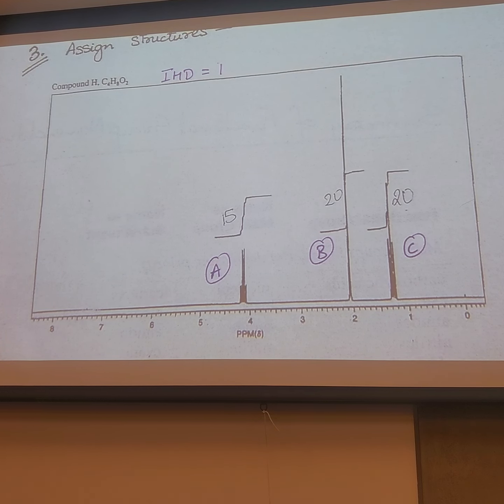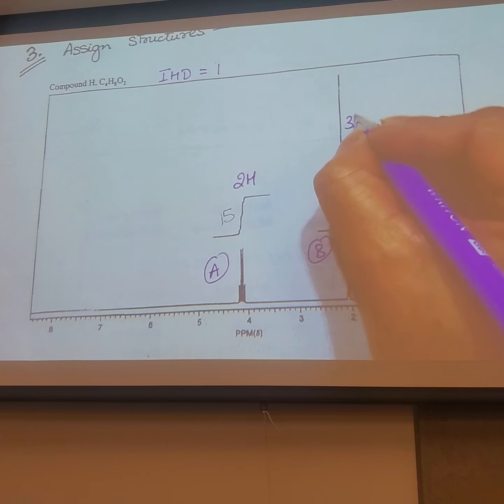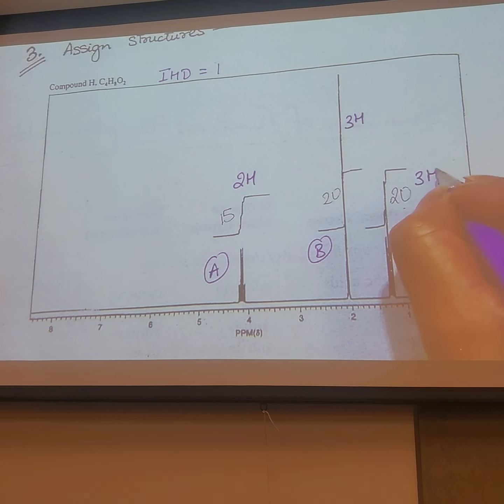Okay, that makes sense then. And then 3 and 3. What is 3 plus 3 plus 2? 8. So you see how we are fudging a little bit. Integration is a human process, so we have to be willing to fudge a little bit. So what we have decided is this is for 2 hydrogens, this is for 3 hydrogens, this is for 3 hydrogens.